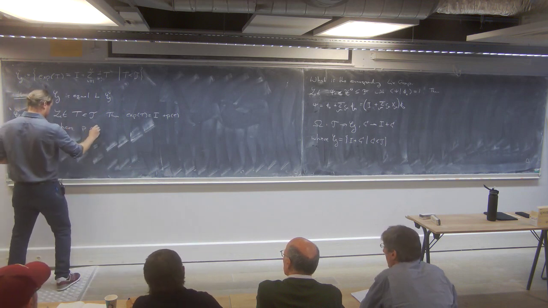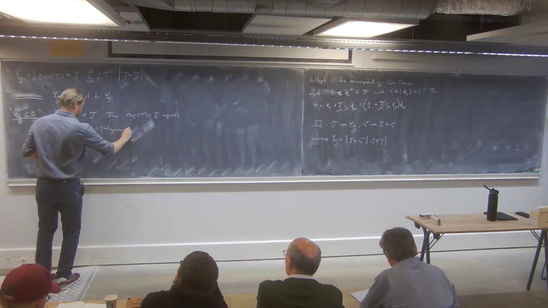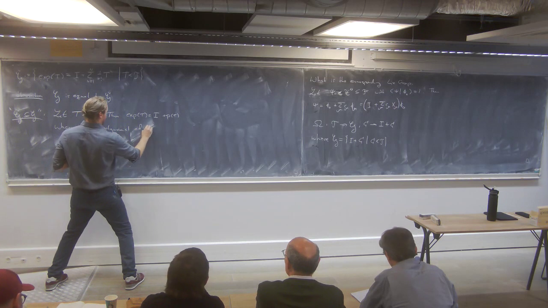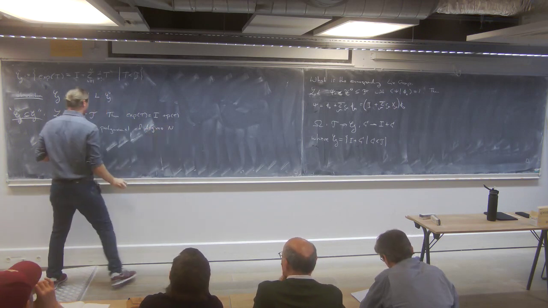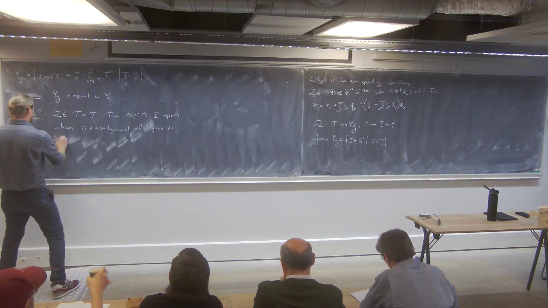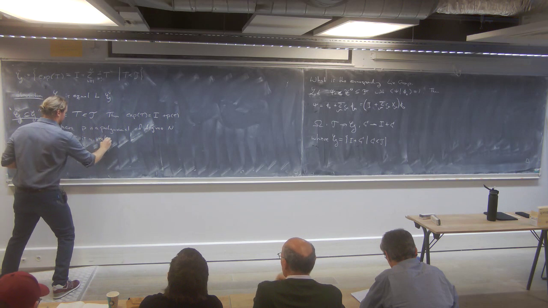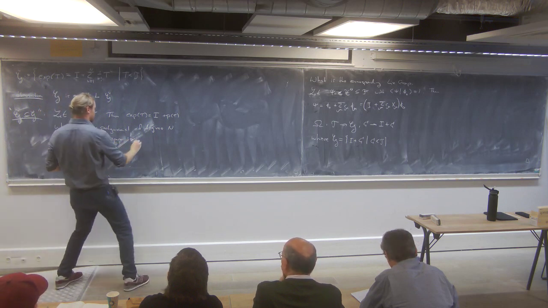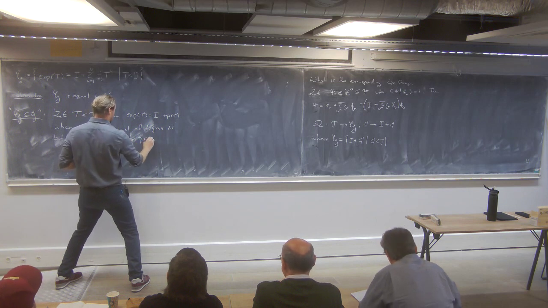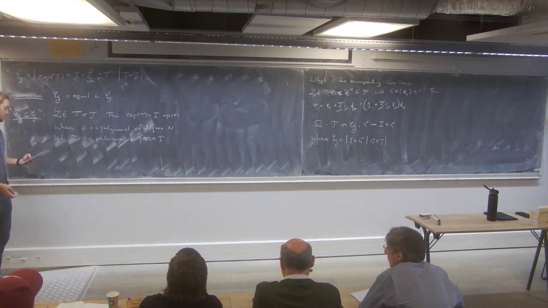Where p, yeah. But tau is a vector space. So, well, P of t is also in T, right?